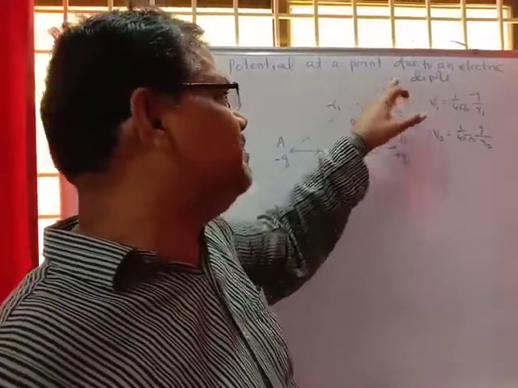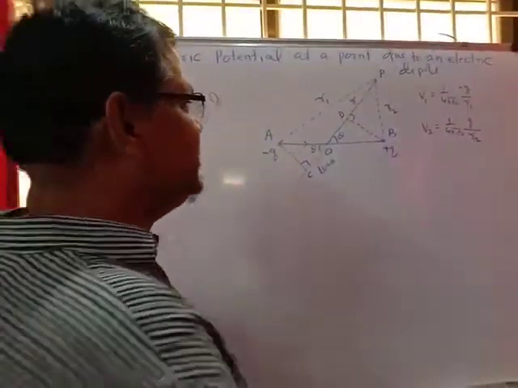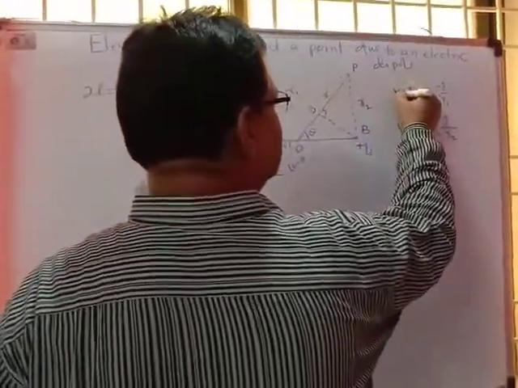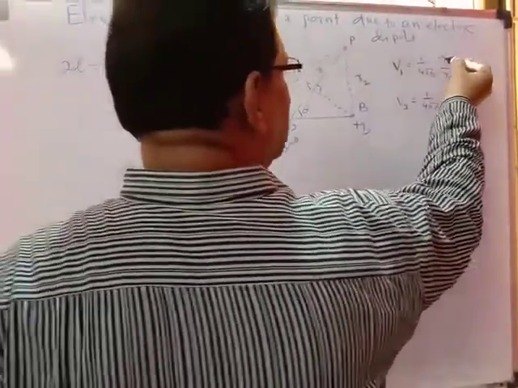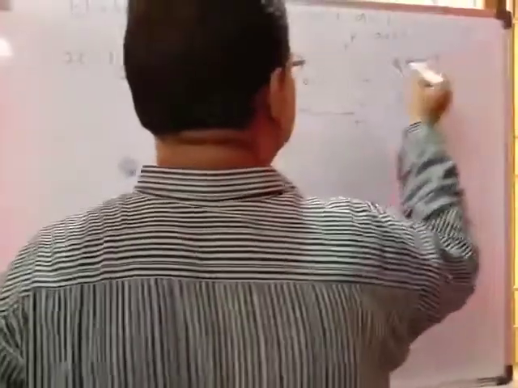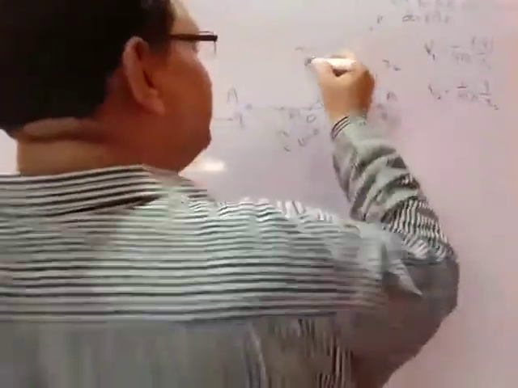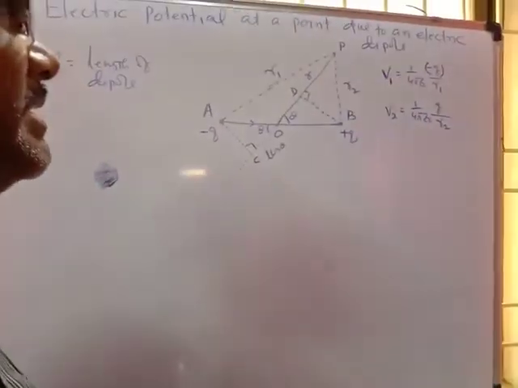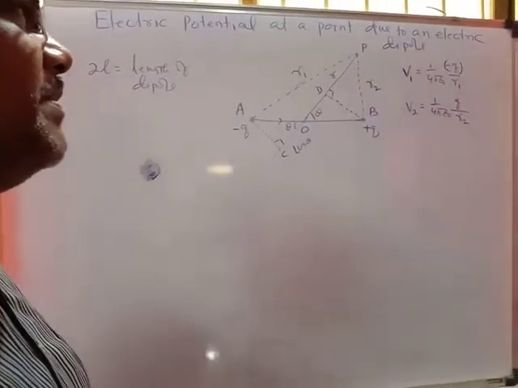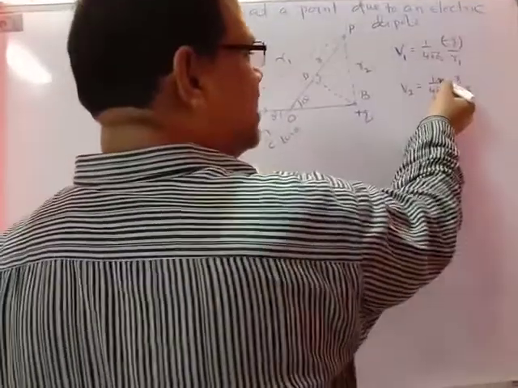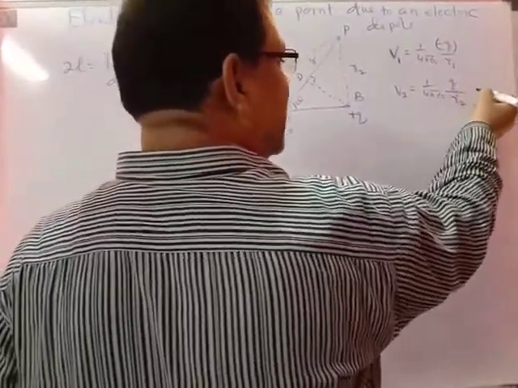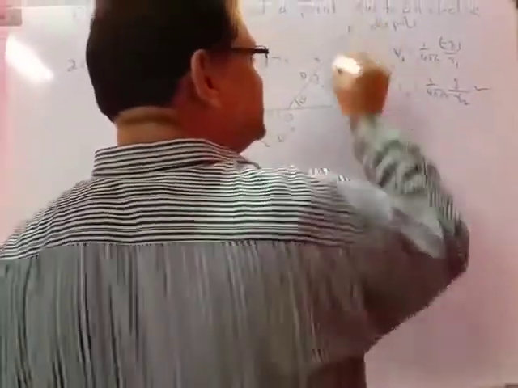Electric potential at point P due to minus q charge is V1 equal to 1 upon 4 pi epsilon naught times minus q upon R1, because this distance is R1. Clear? Similarly, electric potential at point P due to plus q charge will be V2 equal to 1 upon 4 pi epsilon naught q upon R2, because this distance is that.